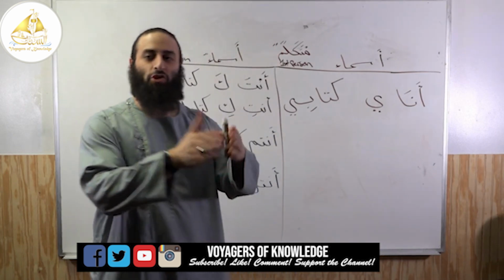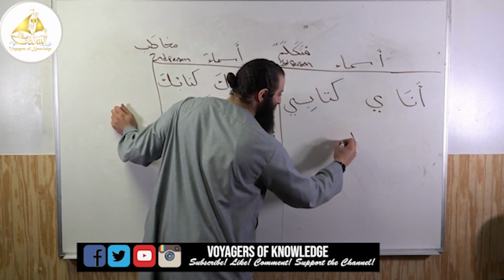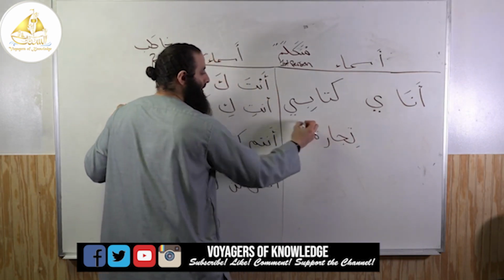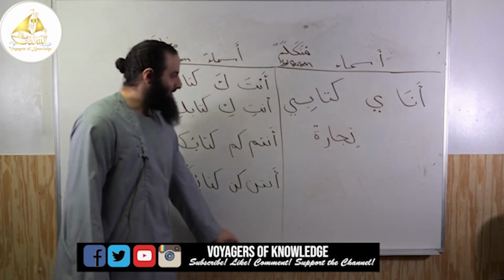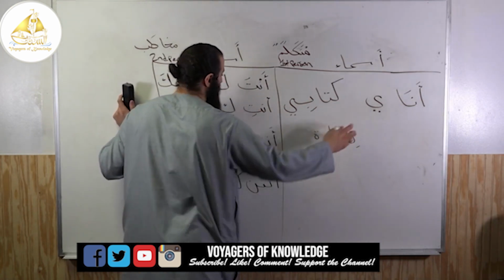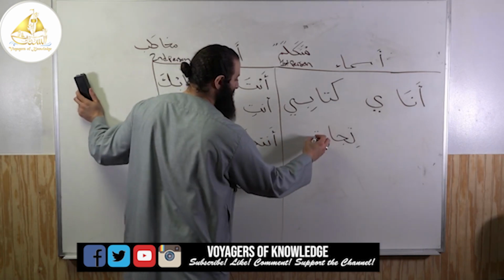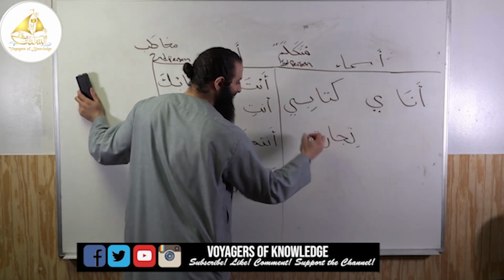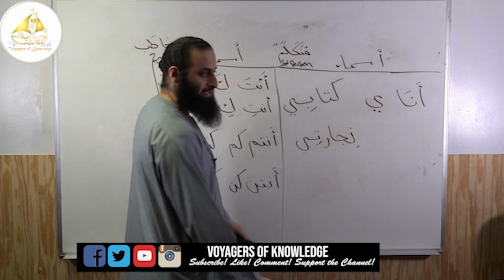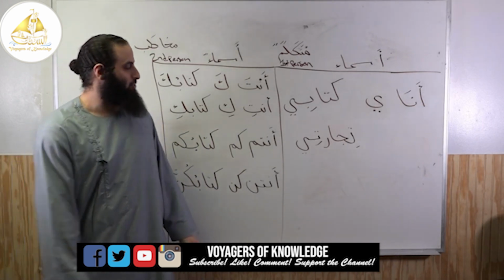It used to be tijaratun, but we changed it to tijarati. This is the normal word, tijaratun. But since I'm going to add what harf? Ya. So now I change this from a closed ta to an open ta, and also I give it a kasra. Tijarati, my business. What's the haraka on the last? Yeah, sukun.